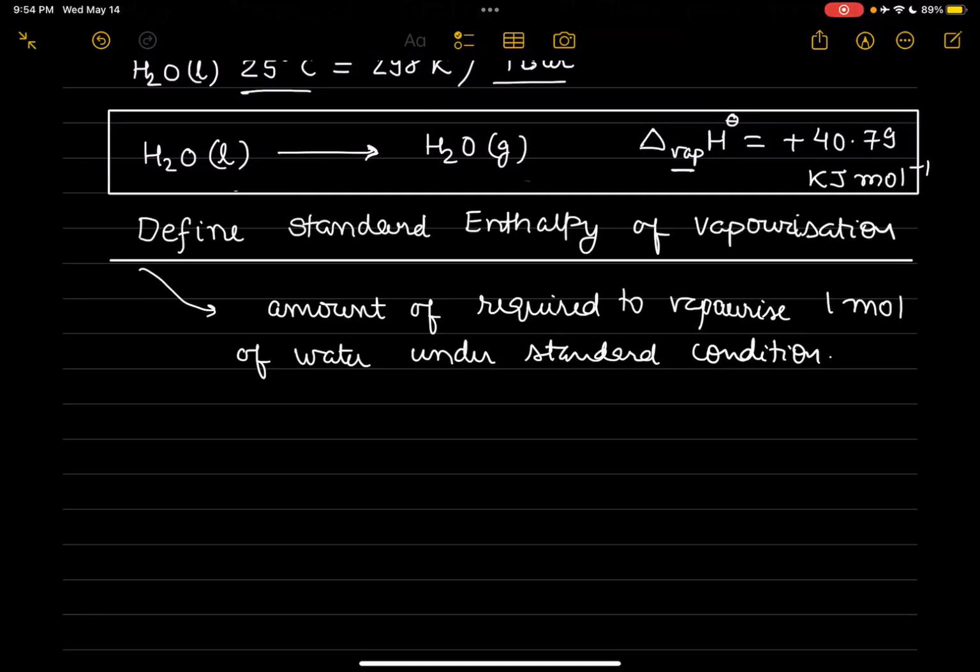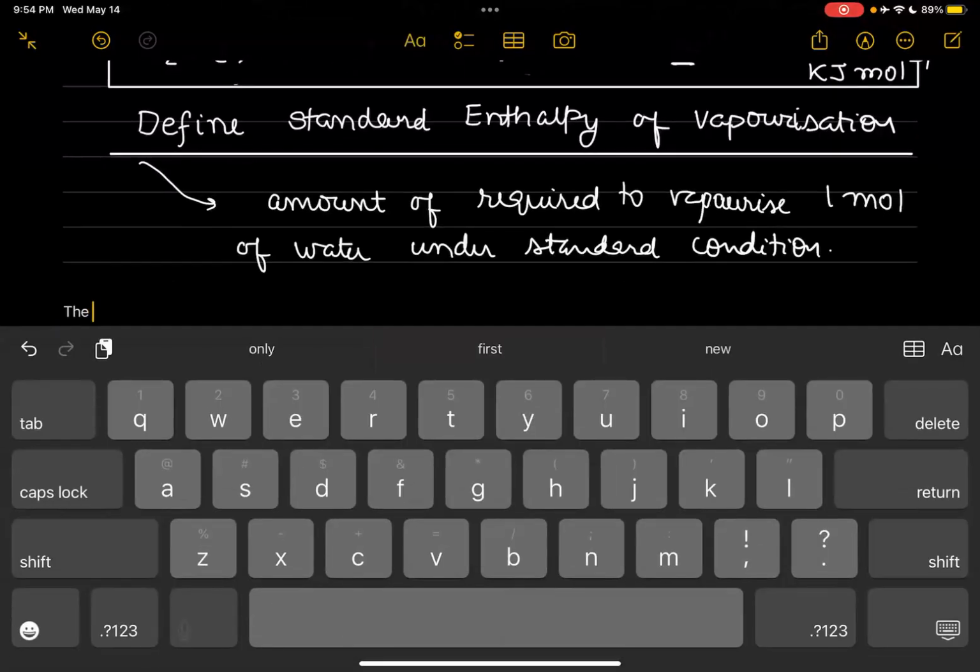This equation is balanced, and whatever the coefficients are there, that delta H is given for those coefficients only. For example, if I do it for 2H2O giving 2H2O gas, the heat will be 40.79 into 2. Are you getting my point or not? It is not 40.79, it is for 1H2O to 1H2O gas. It will be twice.